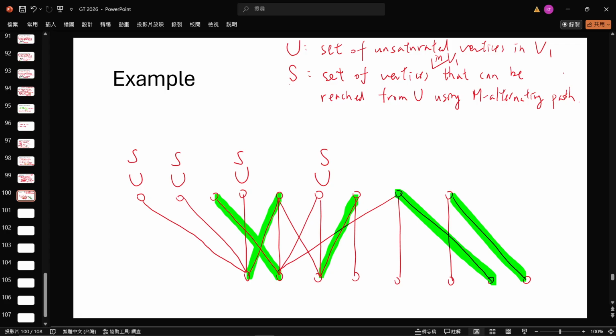So initially, all these 4 vertices are in S. And for example, this vertex is in S because I can use this path: first this edge, followed by this green edge to reach this vertex. So this is in S.